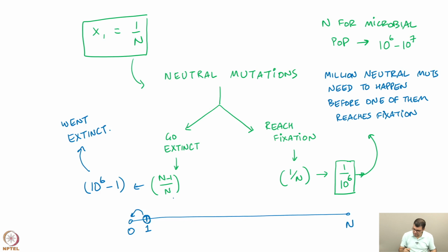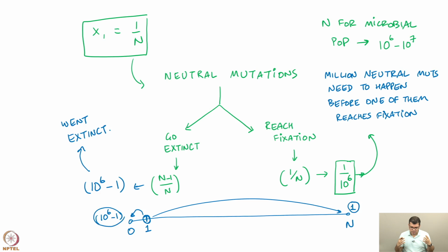So, if the population size is 1 million, which is 10 power 6, then 10 power 6 minus 1 mutations will end up here and only 1 mutation will end up here, which means a huge amount of diversity that is generated is lost because of the action of drift, and neutral mutations rarely will make it past and reach fixation as far as this context is concerned.